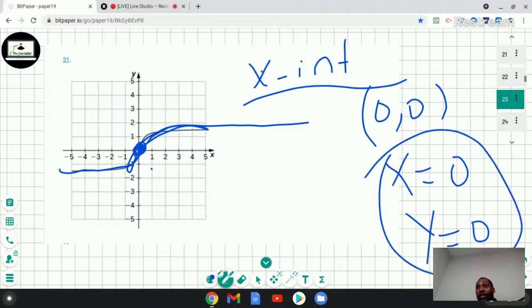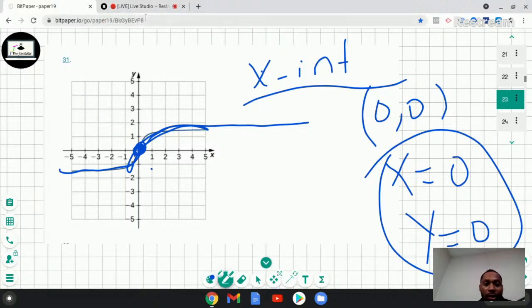The function crosses the x-axis and the y-axis at the point 0, 0. So x-intercept and y-intercept are both equal to 0. Now, we're good on this one. That means we found the domain, the range, and also the x-intercept and y-intercept.